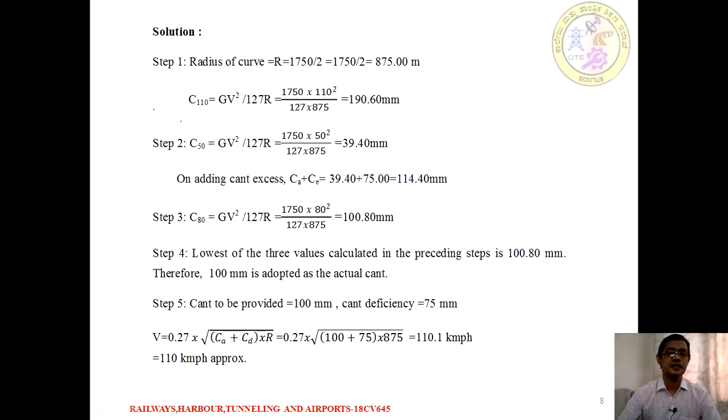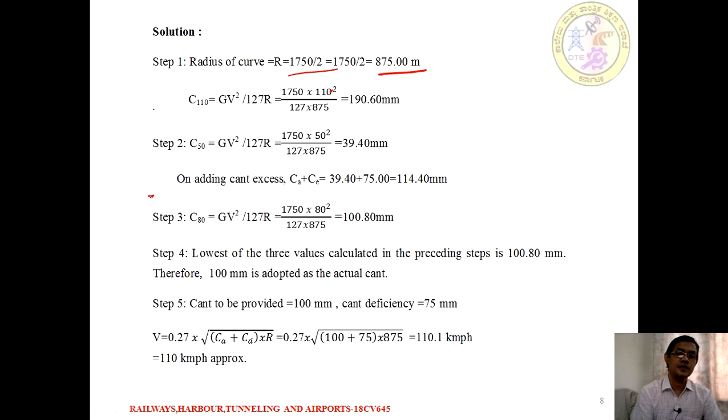So step 1 is the same thing. First we need to find out what the radius is for the given set of numbers. So the radius, once again, is 1750 divided by 2, so it is going to be 875 meters.